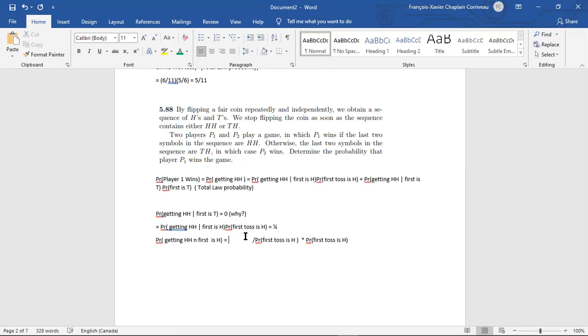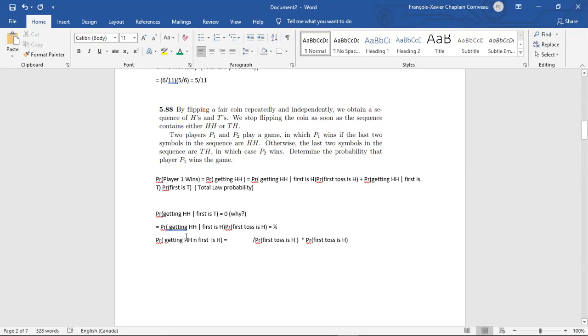Think about which one implies the other. If I have first is head, do I get head necessarily? The answer is no. But if I have head, do I get the first head? The answer is yes. So which one implies the other? This one implies this one.